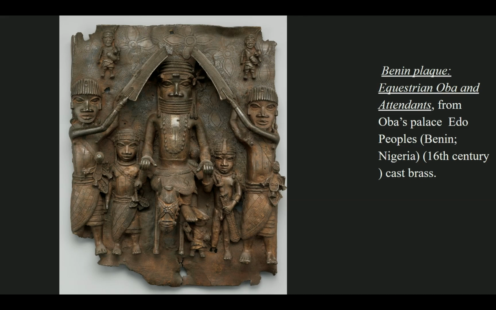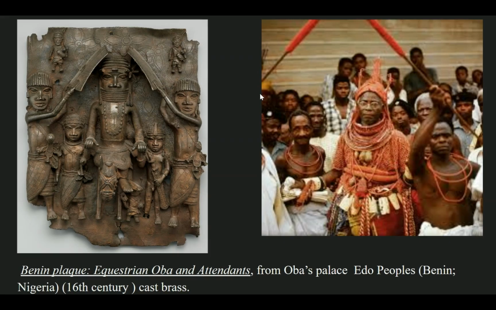That makes sense. And with the value of the coral, there's another element of an emphasis on water and importance of it. So, differing opinions on what the rosettes mean. But there is the equestrian Oba and the attendants.